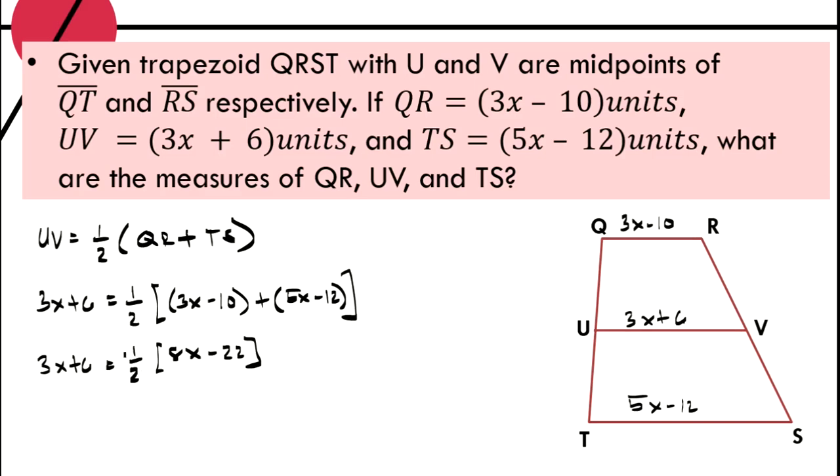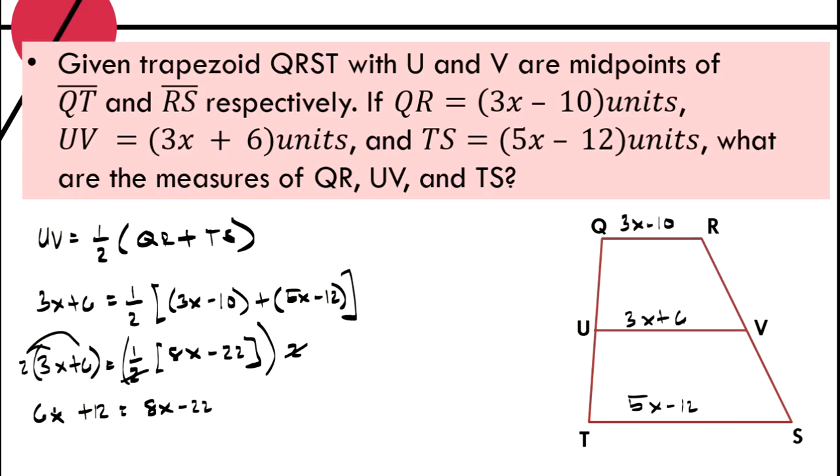Now, cancel the fraction 1/2 by multiplying both sides of the equation by the reciprocal of 1/2, which is 2. Okay, distribute 2 to each term. On the left side of the equation, 2 times 3x is 6x, and 2 times 6 is 12. Now, cancel 1/2 on the right side, 8x minus 22.